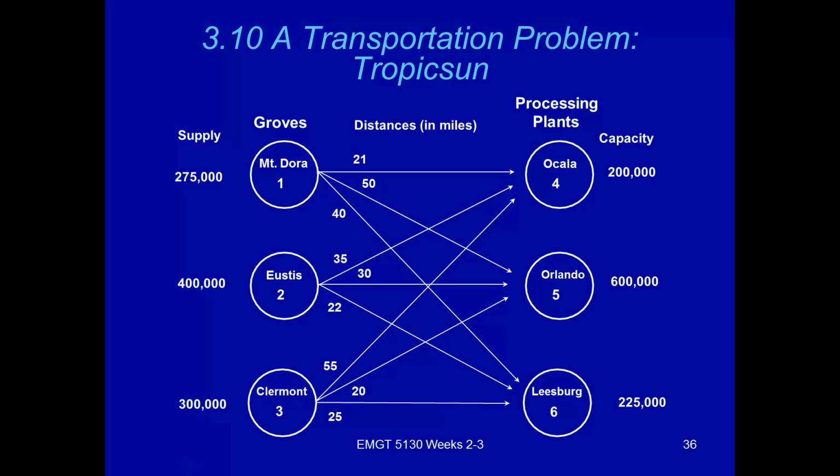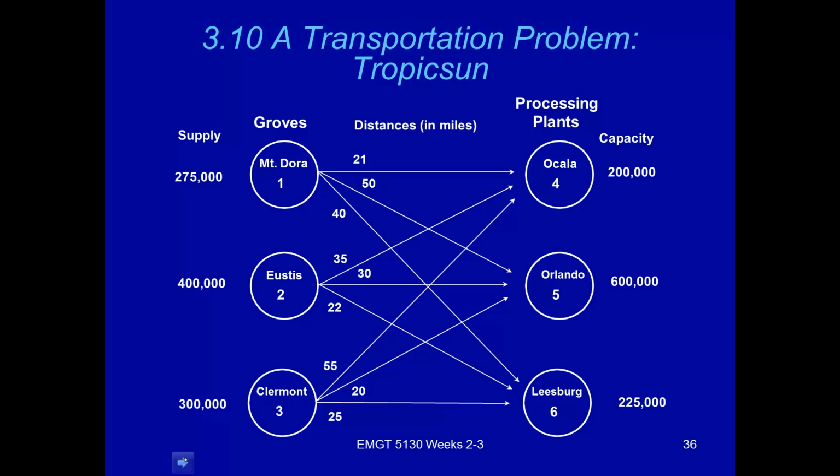Some summary. First, before we decide the decision variables, we draw this graph to help us analyze this problem. We numbered those nodes from 1 to 6, which helped us define our decision variables using subscripts.